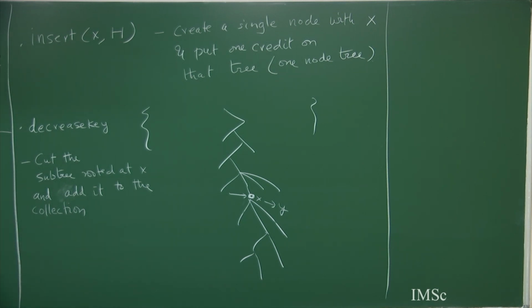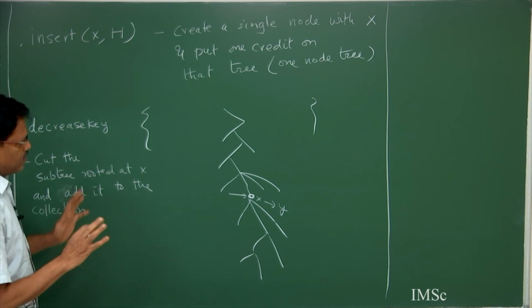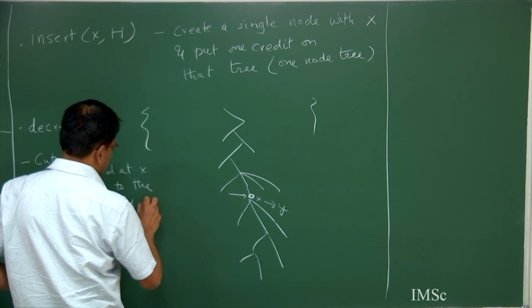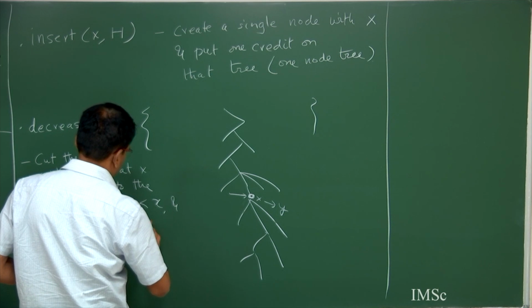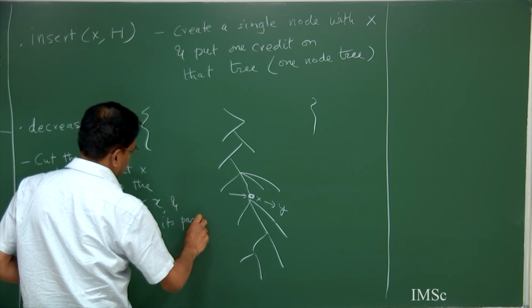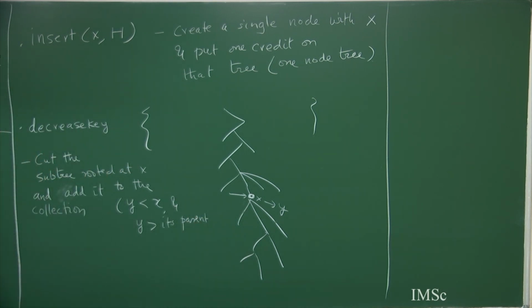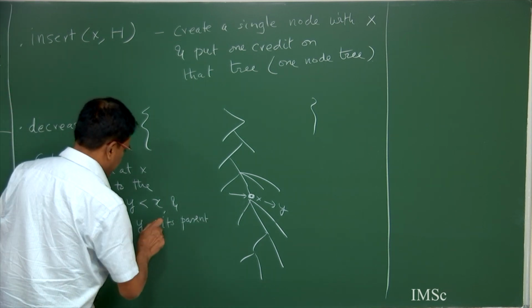I mean, the complicated case: if y is less than x, otherwise I don't have to do anything, and y is smaller than its parent, then we need to worry about it.